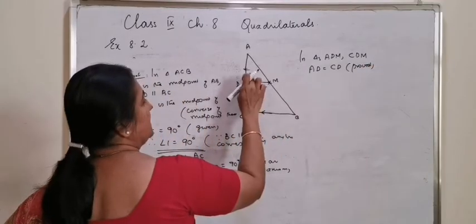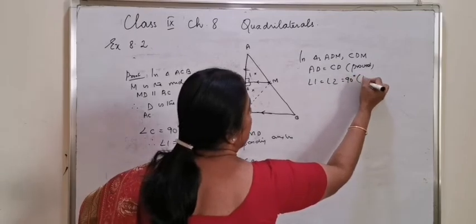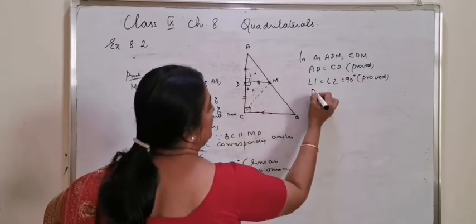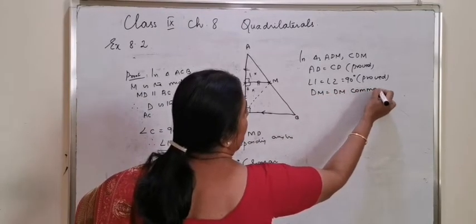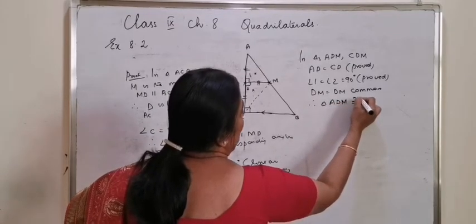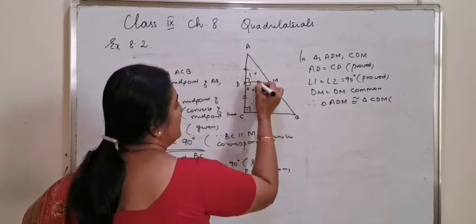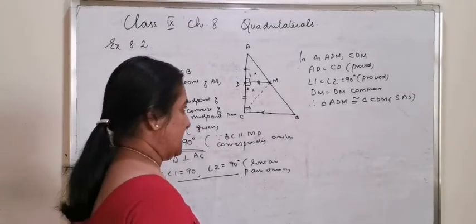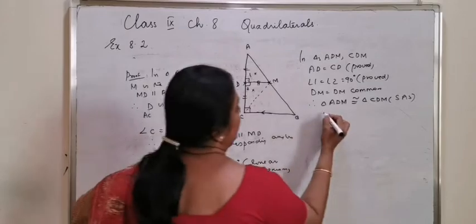The second condition is angle 1 is equal to angle 2 is equal to 90 degrees, that is also proved. And DM is equal to DM, common. Therefore, triangle ADM is congruent to triangle CDM by side angle side, by SAS, and therefore AM is equal to CM by CPCT.